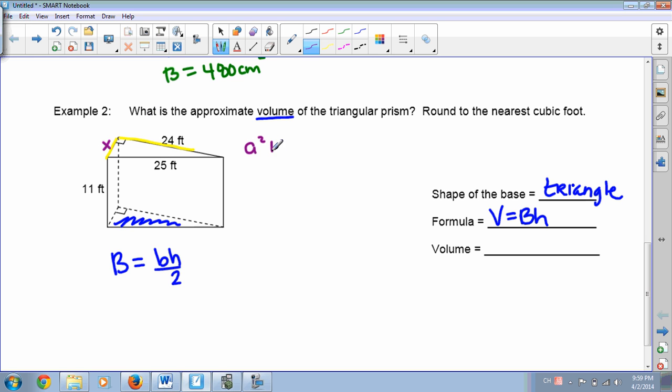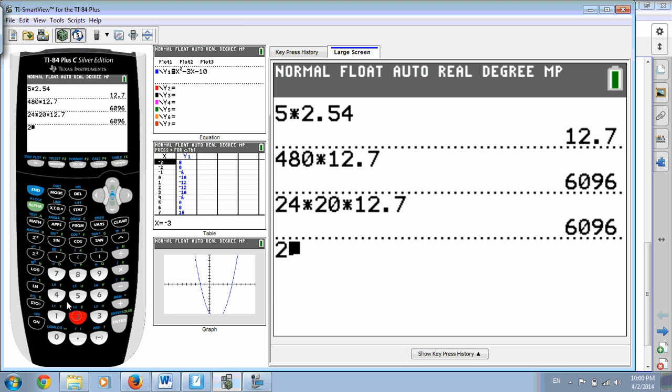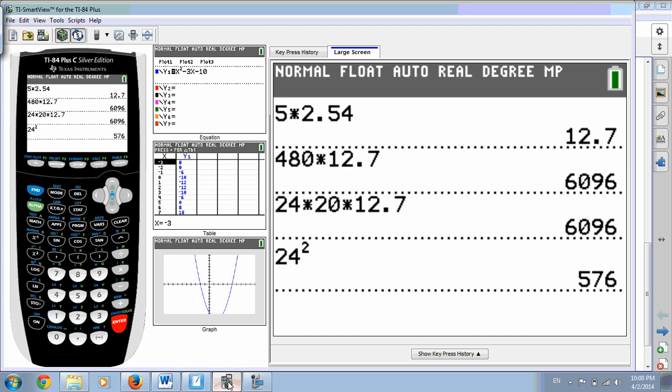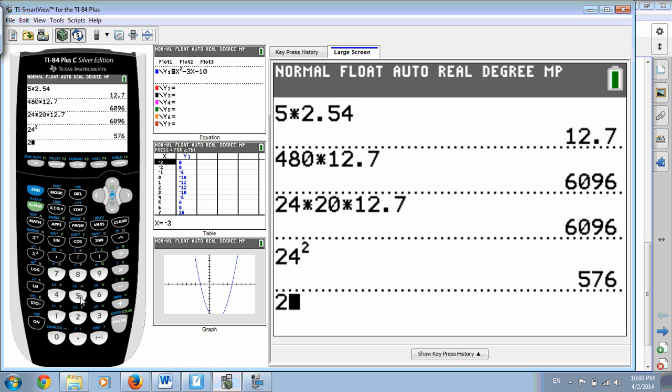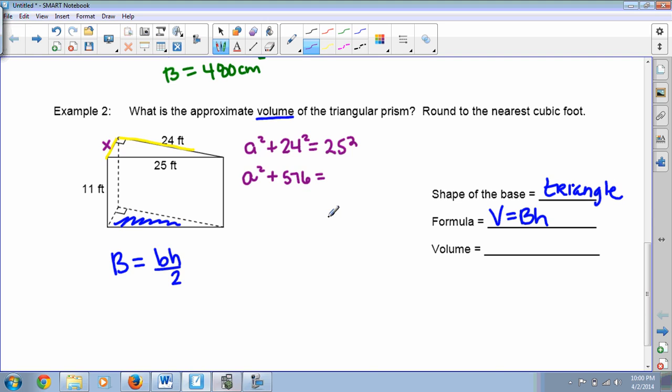So a squared plus b squared we're going to use as 24, and c squared is 25 squared. So we have a squared, and then 24 squared is 576, and 25 squared is 625.